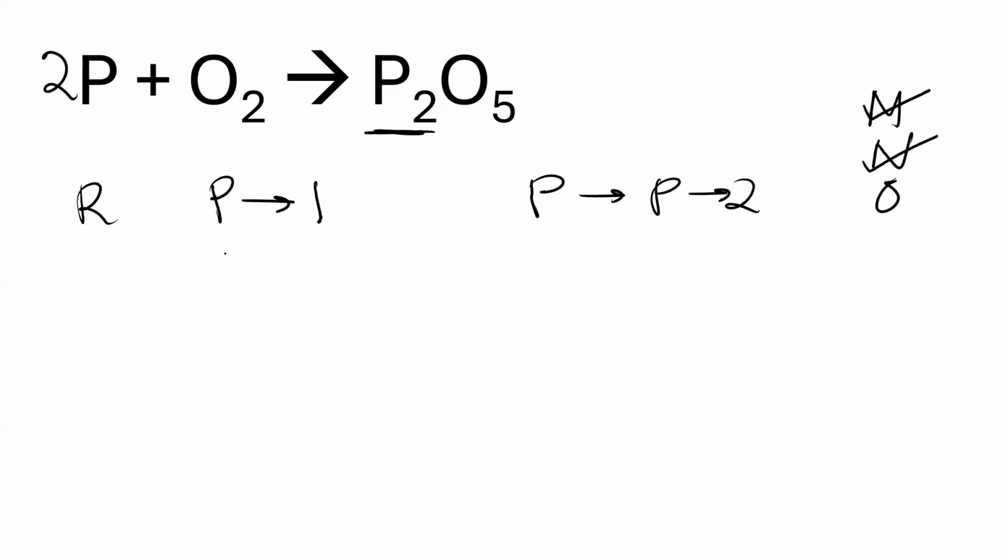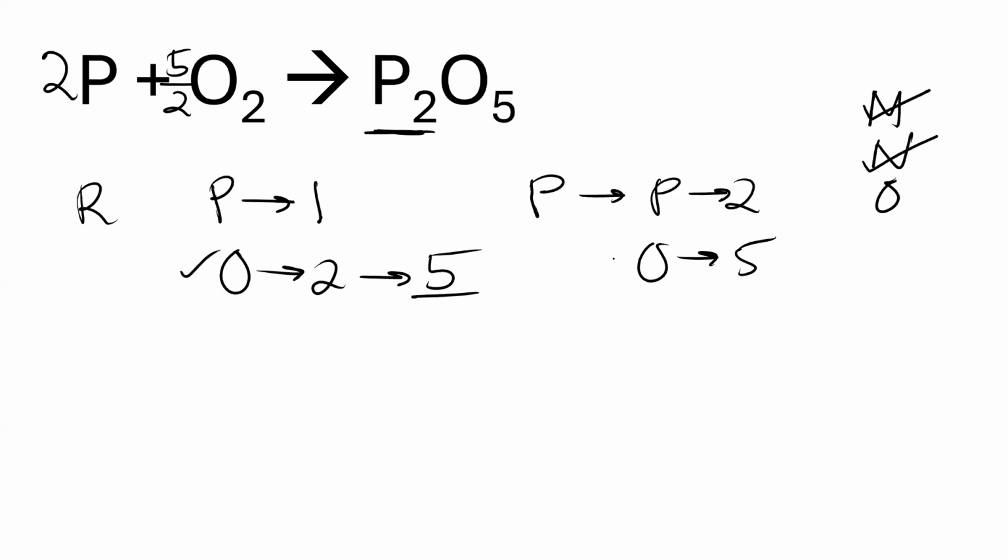Then, for our oxygen, we have 2 for the reactant side and 5 for the product side. So we put a fraction 5 halves for our oxygen so that 5 halves times 2 makes it 5. So that balances oxygen. Again, like in our previous example, we avoid fractional coefficients.